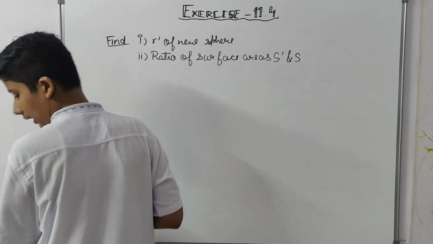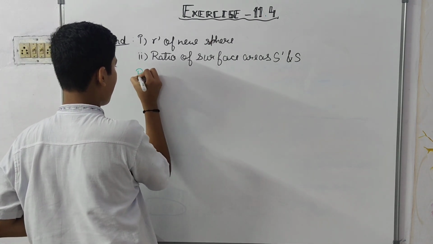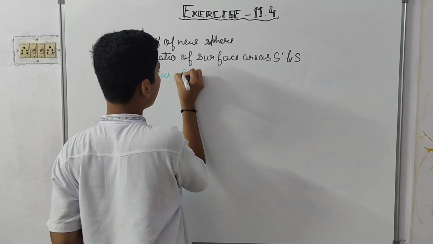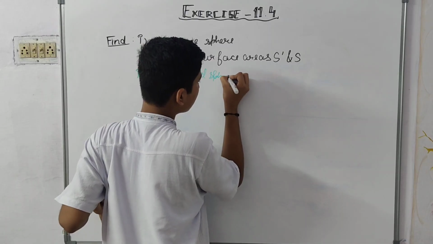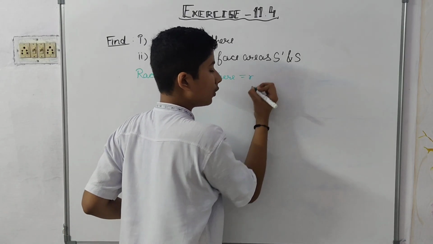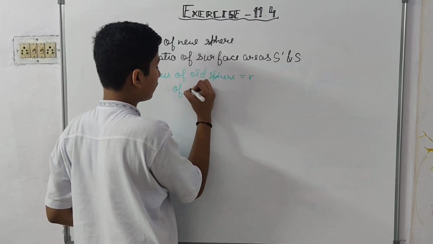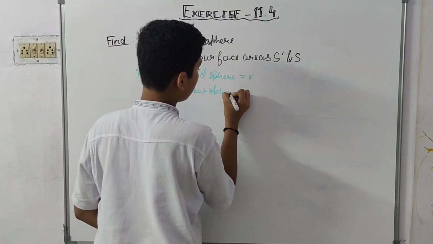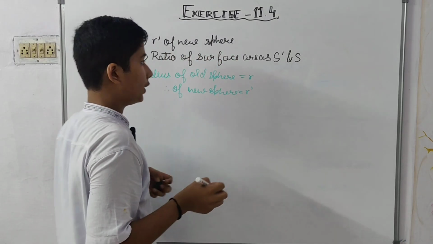The radius of the old spheres is r, and the radius of the new sphere will be R dash, as given in the question.